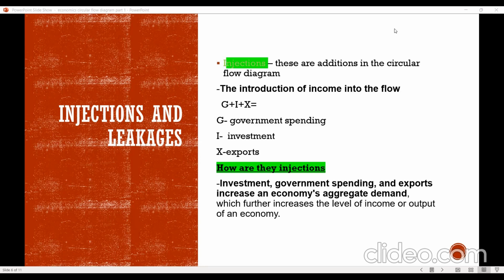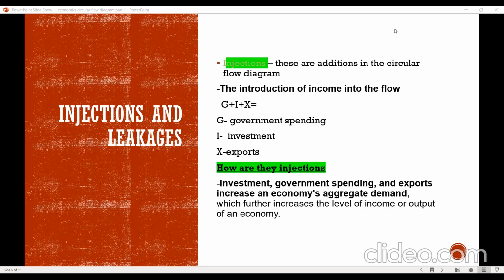Now you ask yourself, how are these things injections? How does government spending, investment, and exports count as injections? Here is an explanation. Investments, government spending, and exports increase an economy's aggregate demand, that is the total demand for our economy.